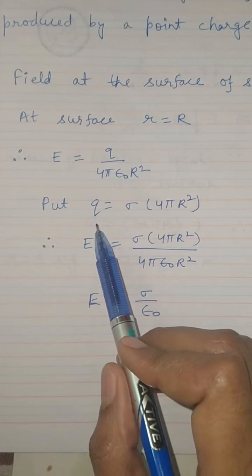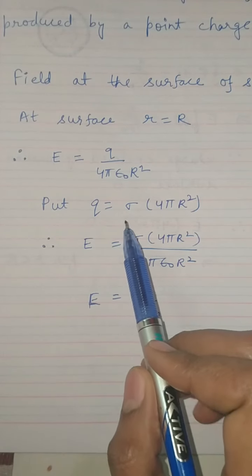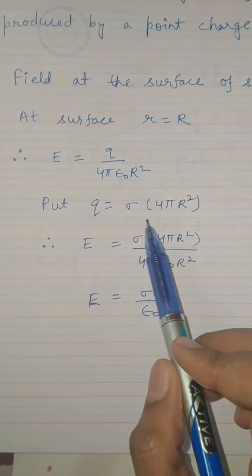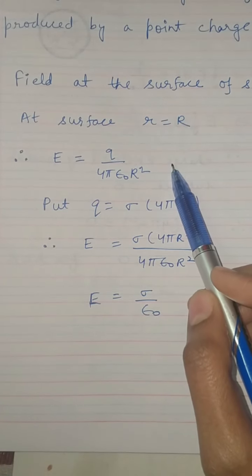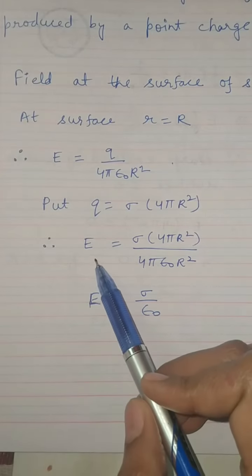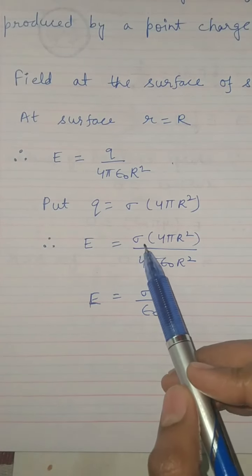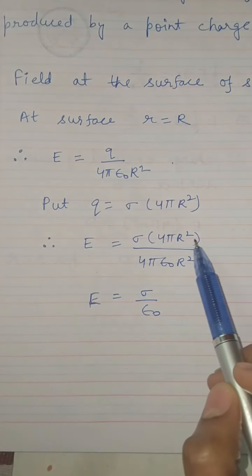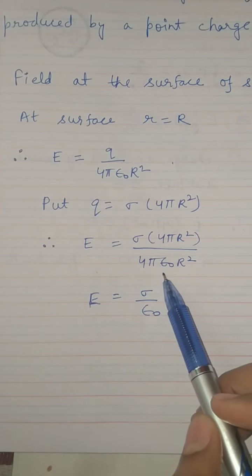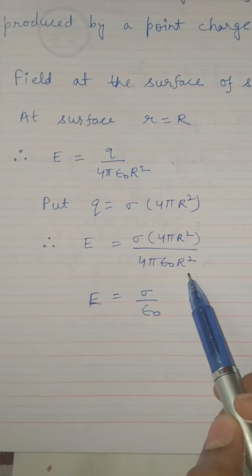If we put the value of the total charge on the shell, which is equal to sigma into 4 pi r square, in this equation, we will get E is equal to sigma into 4 pi r square, this is the value of charge, divided by 4 pi epsilon naught r square.